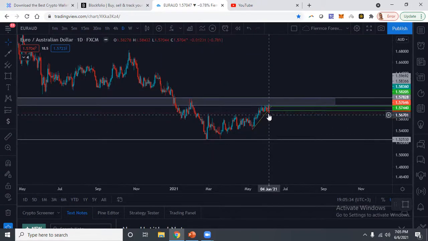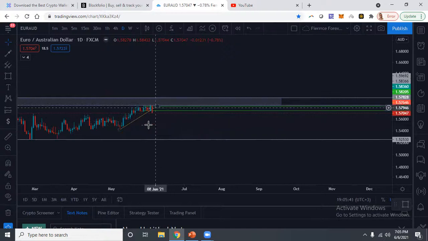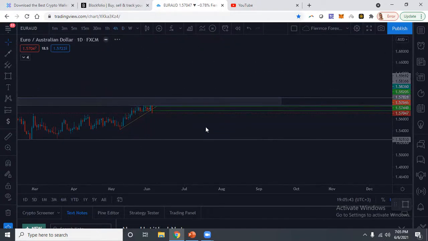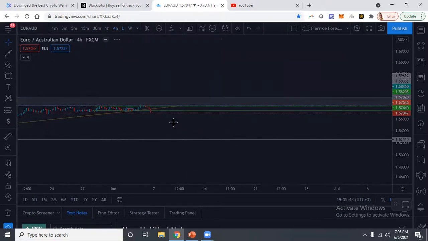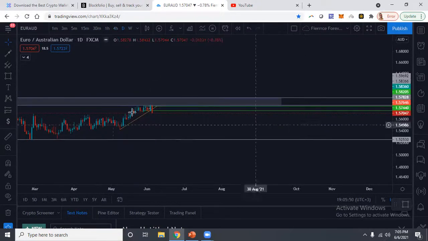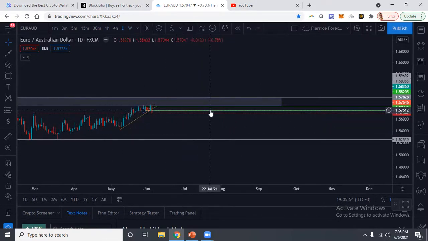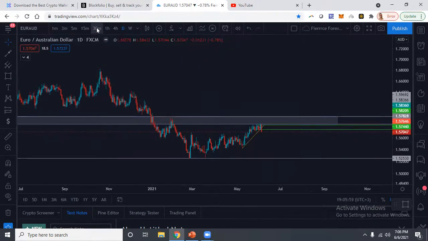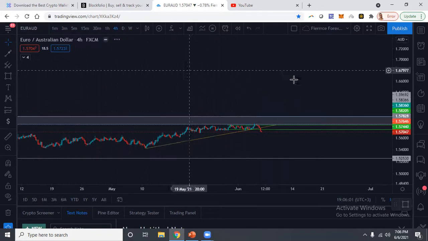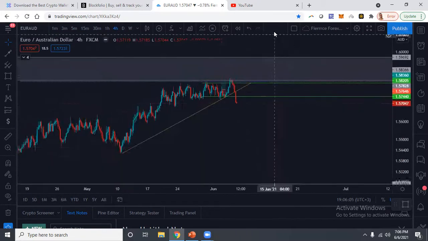Okay, it kind of broke structure here. We may see some shift to the, I'm looking at a very strong bearish engulfing candle. That's how it closed. So if you look at the daily, this is a key level, okay? So we may see it push down, retest that level, then push down again, okay? Let me look at the 4 hour.